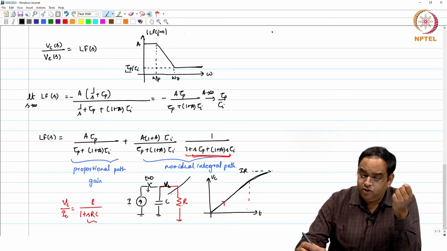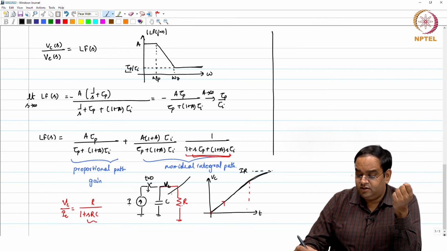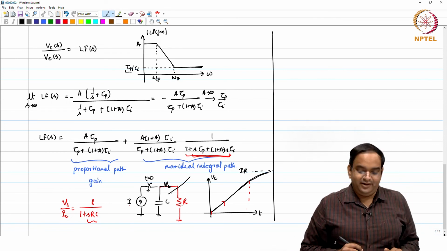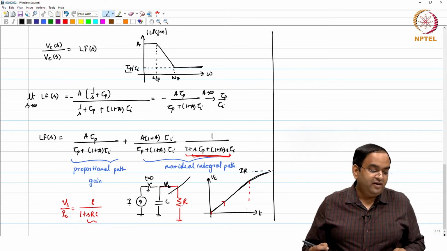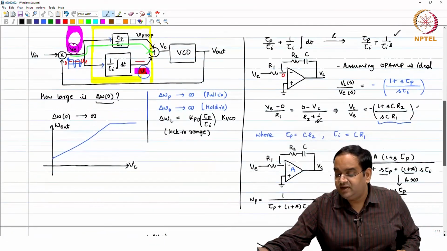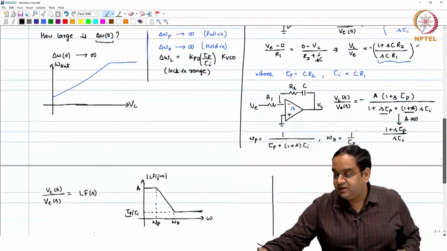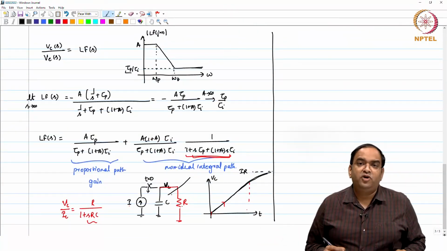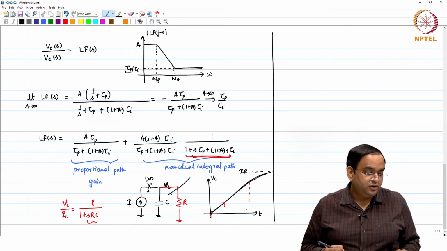So, now given this non-ideal integrator, what is the pull-in range and what is the hold-in range? That is a very extensive mathematical exercise which I will avoid here. If you want, you can always refer to the books.